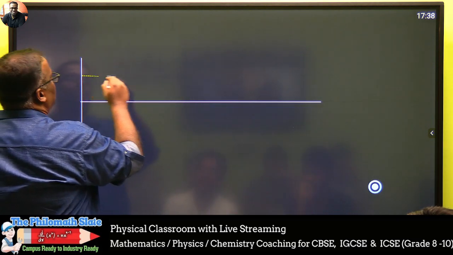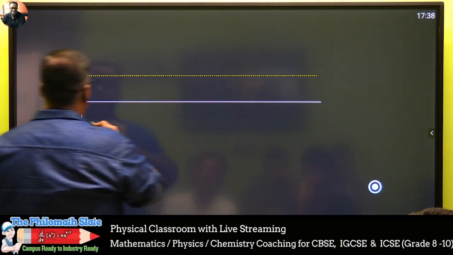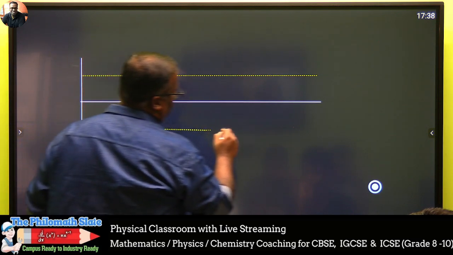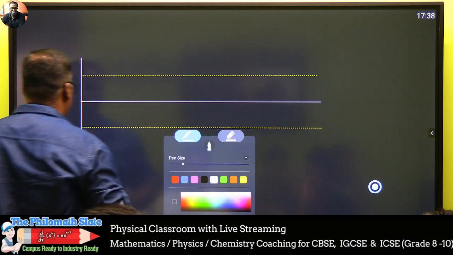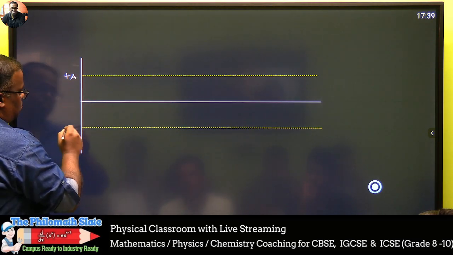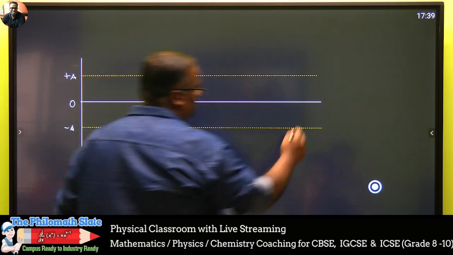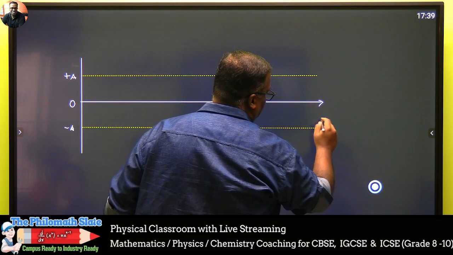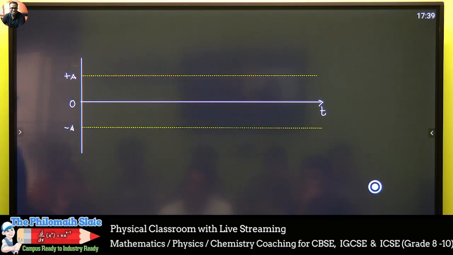So this is my positive amplitude and this is my negative amplitude. This is plus A, this is minus A, this is 0, right? And let this one be now plotted against time. First time I'm plotting this against time.